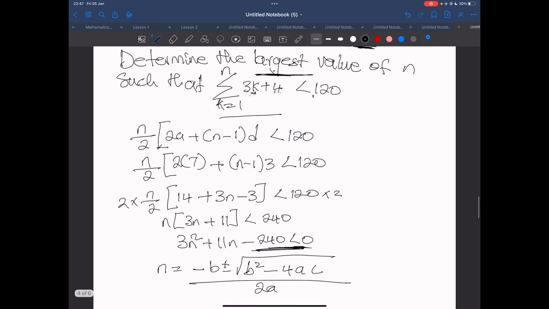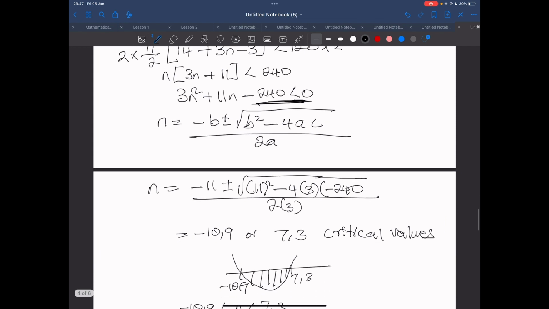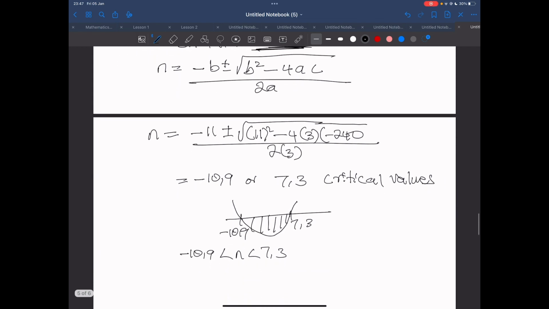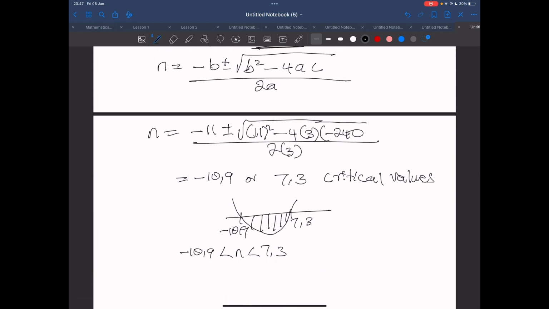Here we have an answer that n is between negative 10,9 and 7,3. Therefore, because n must be an integer, n will be 7, because it must be less than 7,3. So it means the largest value of n is 7 here.